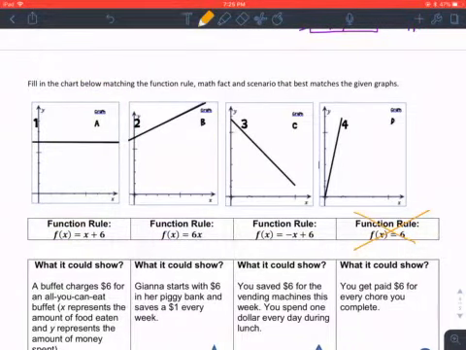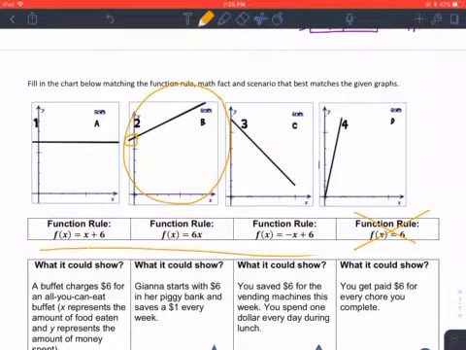Okay, so now I'm going to take a look at graph B and try and match the function rule. The biggest thing about this graph right here is I see that it is starting at a y-intercept of 6. And I also notice that the graph is increasing, meaning it's going up. So if I find which of these function rules down here start at a y-intercept of 6, it's this one and this one.